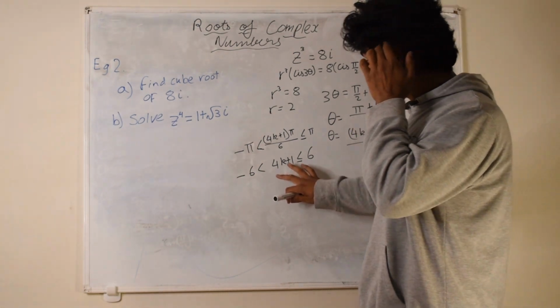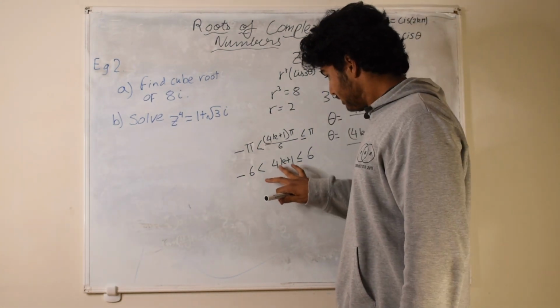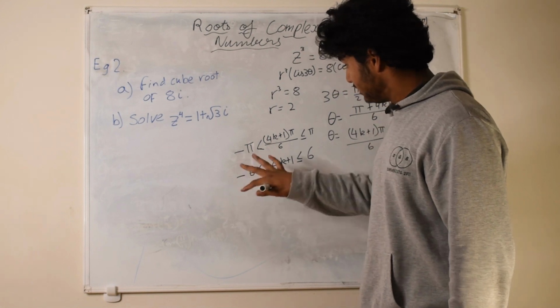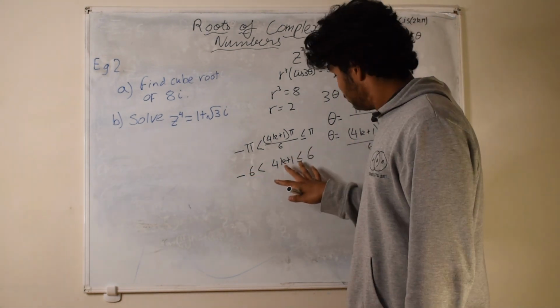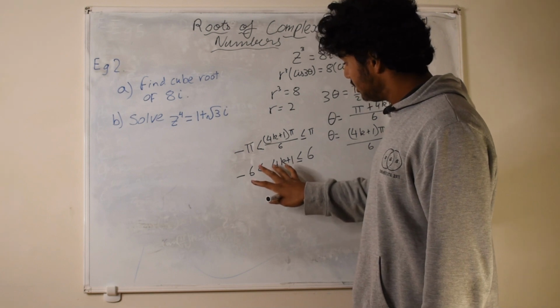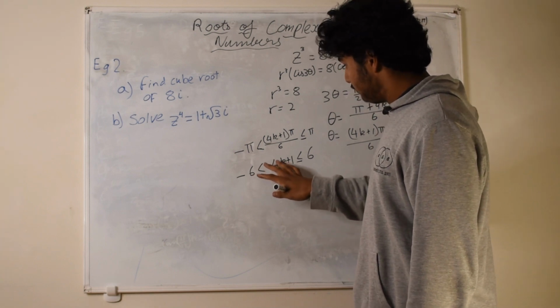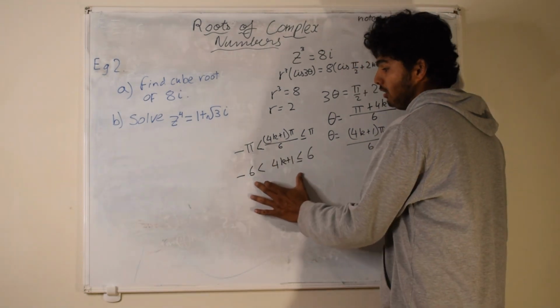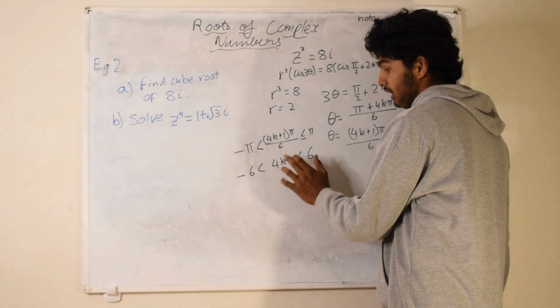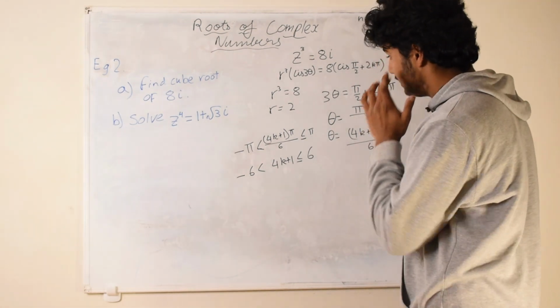If we sub in k equals negative 1, negative 4 plus 1 is negative 3, which is between negative 6 and 6. If we sub in negative 2, 4 multiplied by negative 2 is negative 8, plus 1 is negative 7. That is out of the principal argument. So negative 2 is not a case for k.